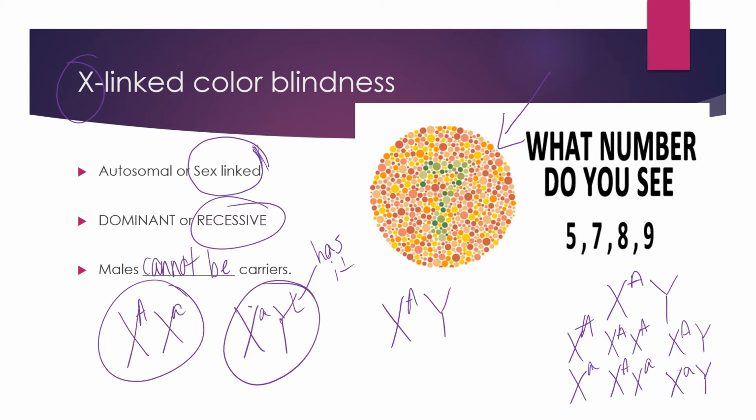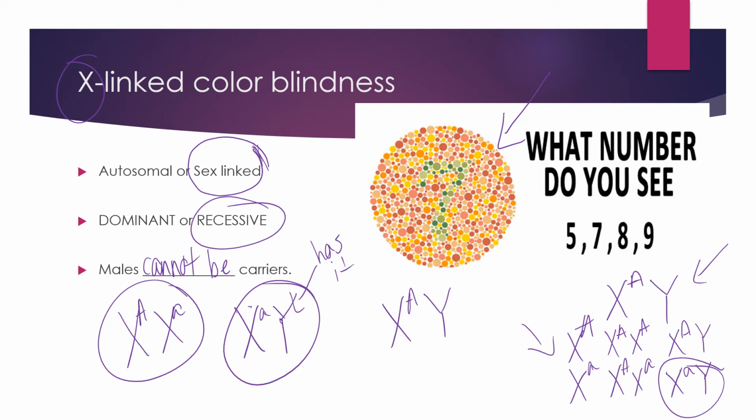Here, the father doesn't have it, the female is a carrier, and you can see that you have a 50% chance every time you have a male that they will have color blindness.